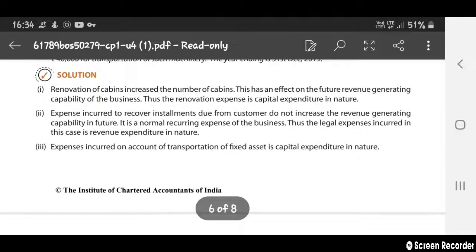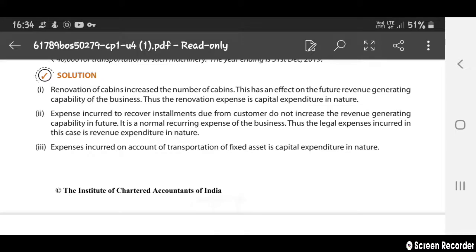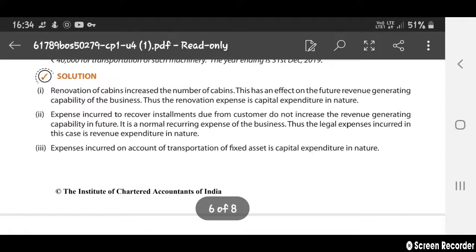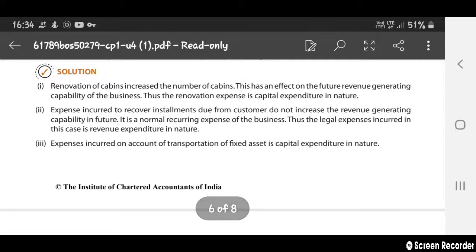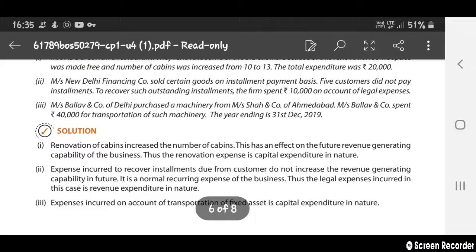These expenses are incurred to recover installments due from customers, they do not increase the revenue generating capability in future, and it is a normal recurring expense of the business. So the legal expenditure in these cases is revenue expenditure by nature.